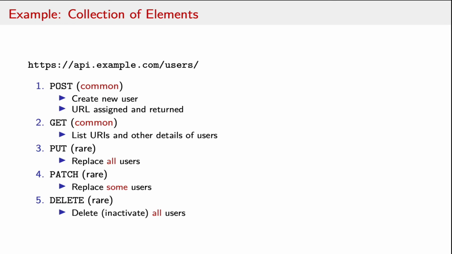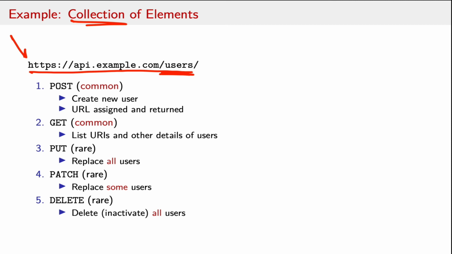So let's look at a collection case first. We'll use this URL that refers to our users collection. All of these API endpoints that we're going to talk about refer to that users collection. And it's important to keep in mind that the various things that we can do with that users collection all are going to refer to the same URL. I'm not going to have one URL when I want to get a user and a different URL when I want to update a user.